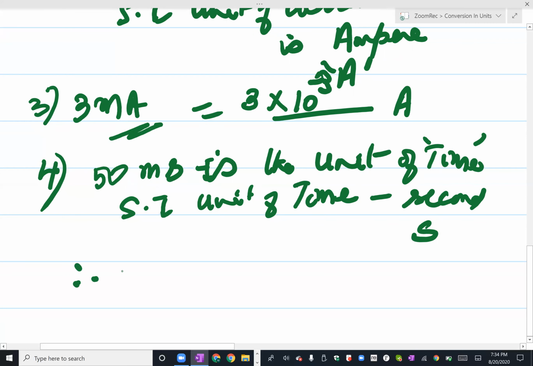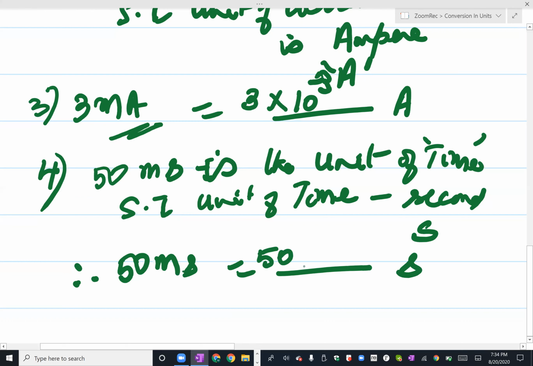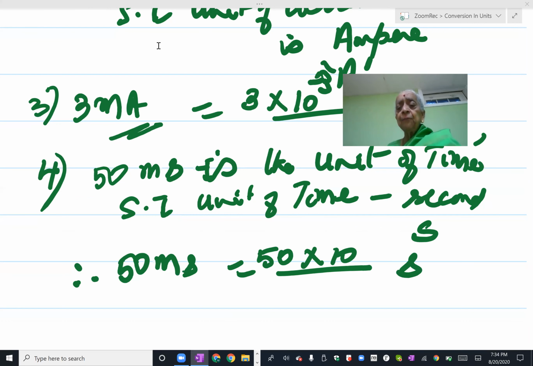Therefore, you have 50 milliseconds, how much of a second will that be? As earlier I explained, milli is a small part of a second, and therefore you have to write the same 50, first of all, into 10 to the power of. It's a smaller unit to bigger unit. So your journey is going up the ladder from smaller to bigger. See how I'm counting. Here you will have milli. After milli, you leave that milli out.